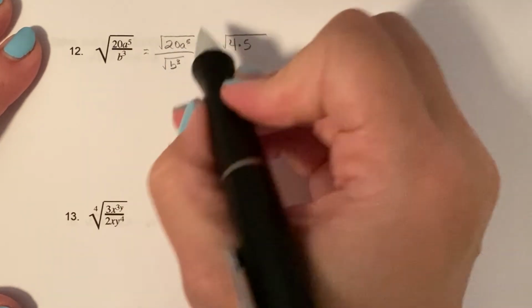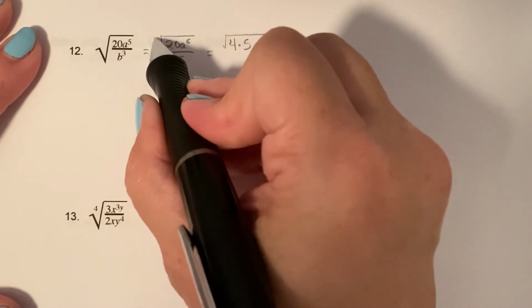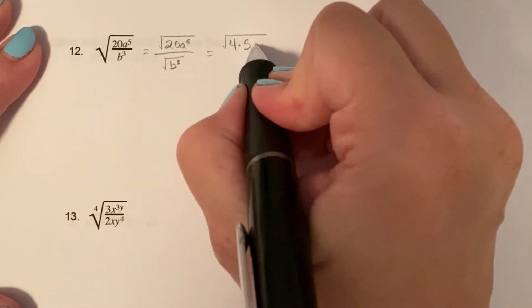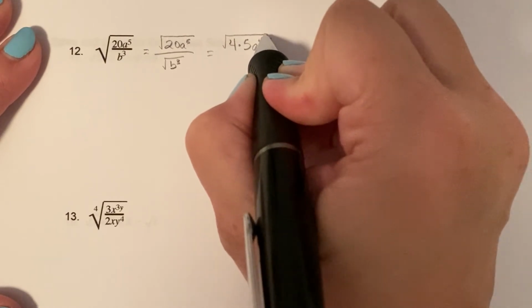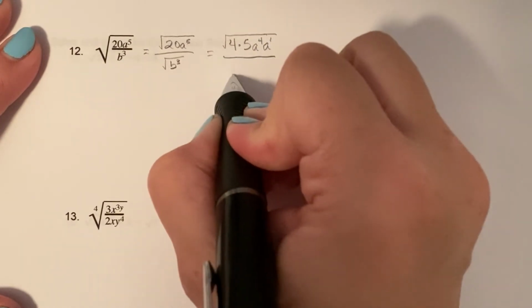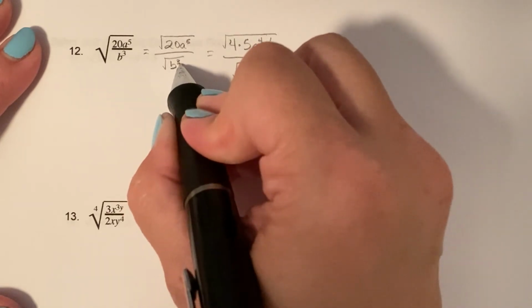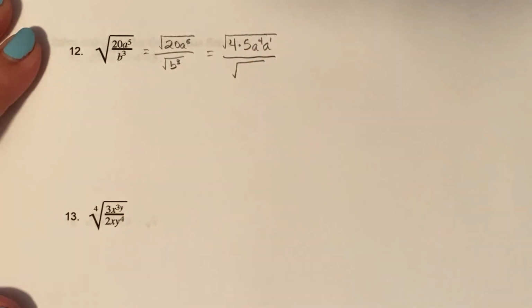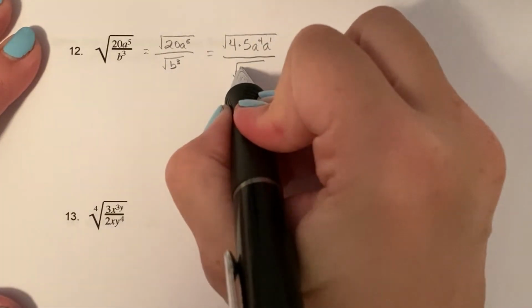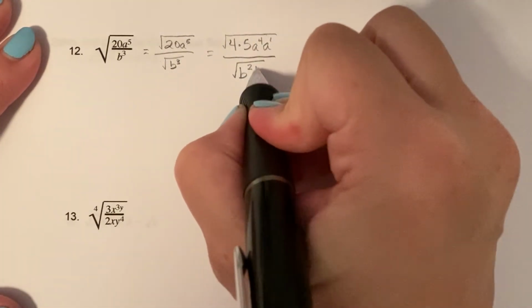It's 4 times 5. And is 5 divisible by 2? No. So we're going to separate that into a to the 4th power and a to the 1st. b cubed, 3 is not divisible by 2. So we're going to separate that into b squared and b.